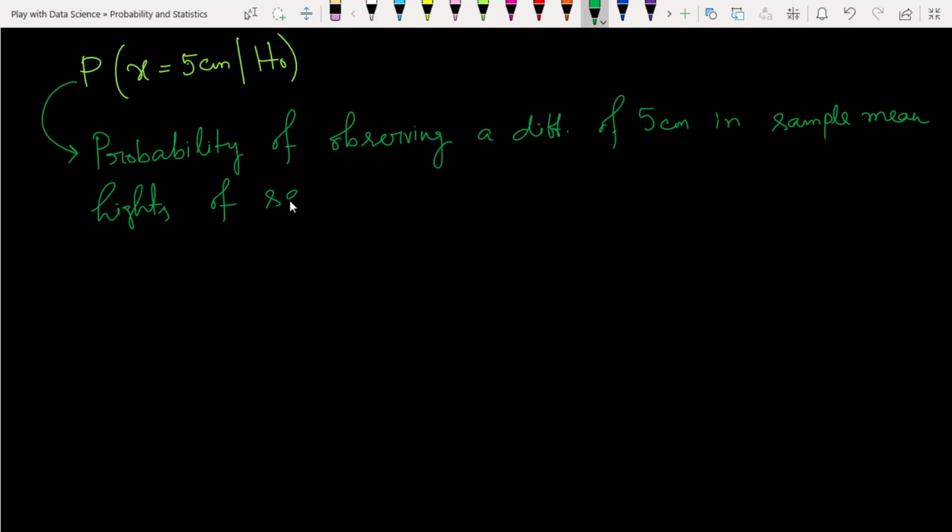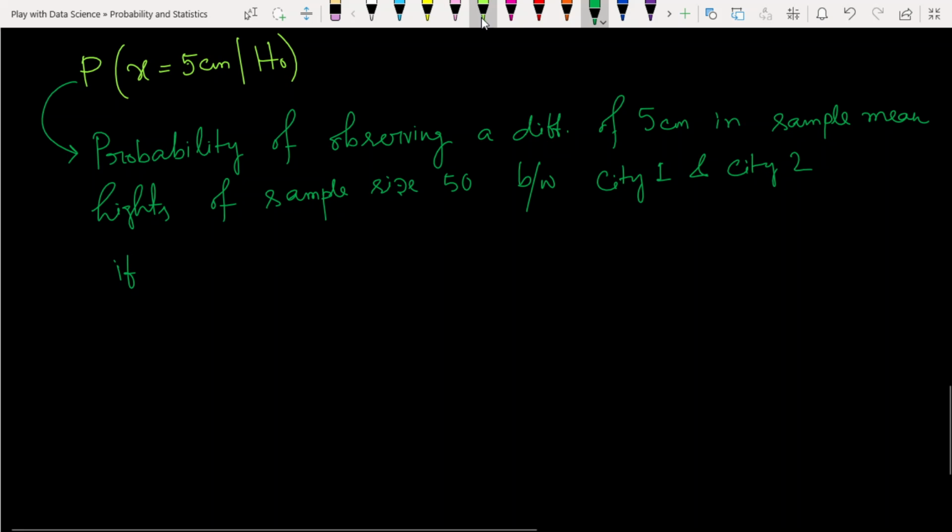Sample means of heights, of sample size, what is our sample size? 50, between city 1 and city 2, if we have some assumptions. What is the assumption?